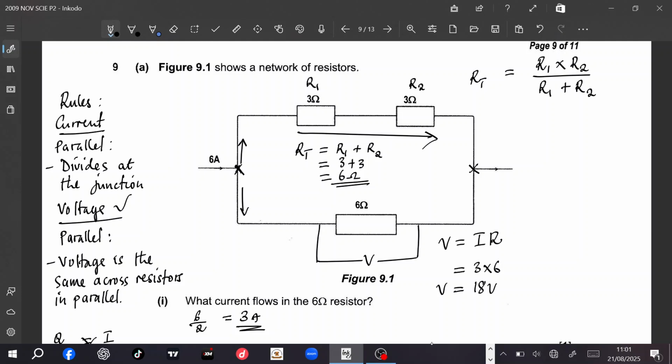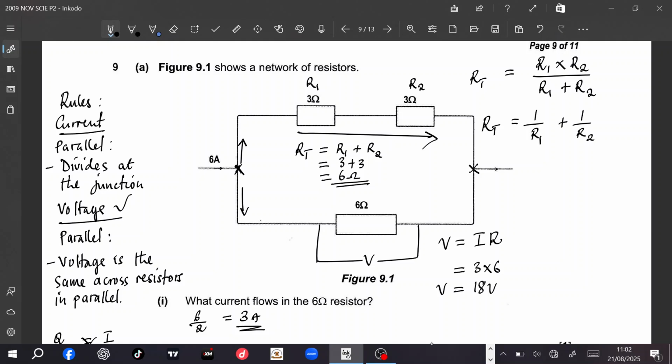Most of you know there's this other formula that we are used to: total resistance RT is equal to 1 over resistor 1 plus 1 over resistor 2. So this first formula and this second formula are the same, except this first formula has been simplified for you already. So let me show you.